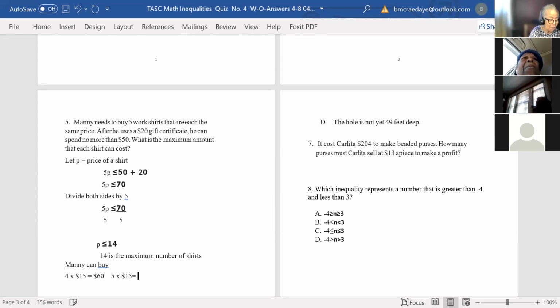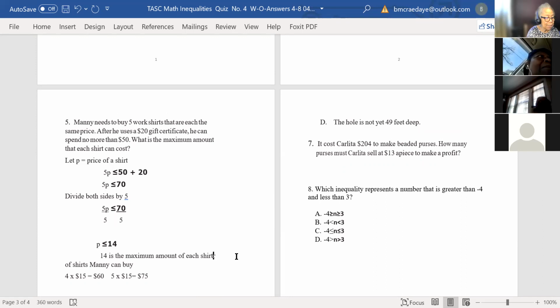That's how you can determine if your inequality is working. Put numbers in there. So that would be 5 times 15, $75. But he doesn't have $75. He only has $70. So the maximum amount of each shirt, because that's what we're looking for, the maximum amount that each shirt can cost.